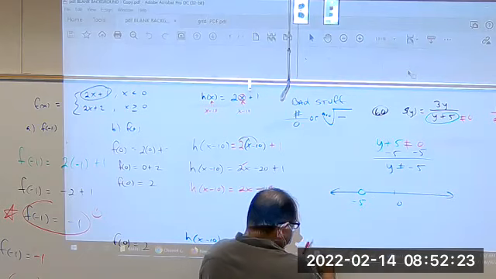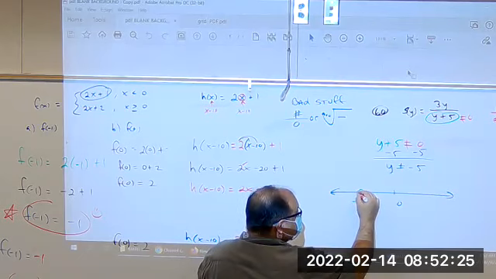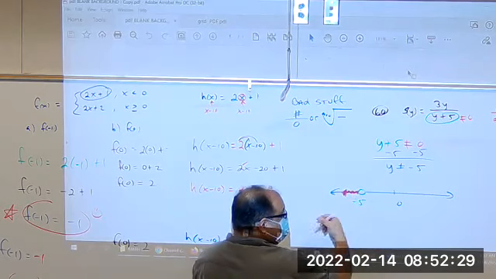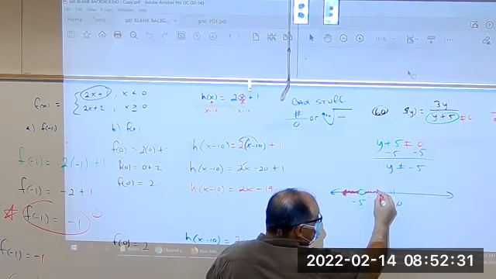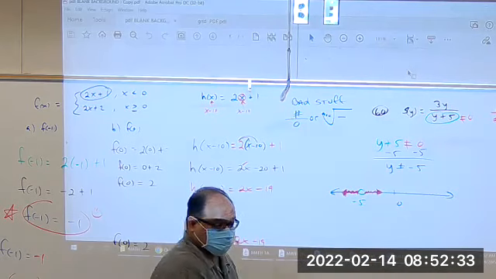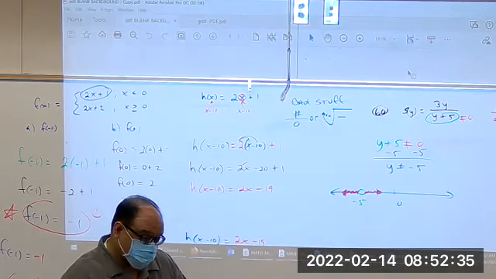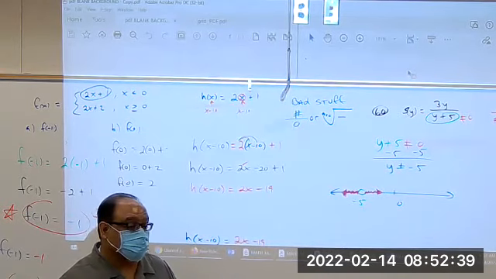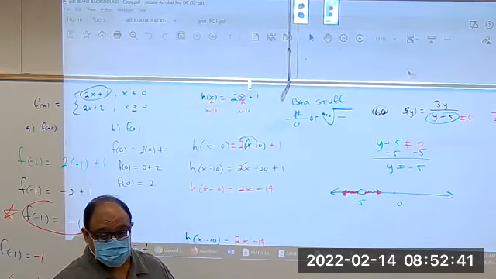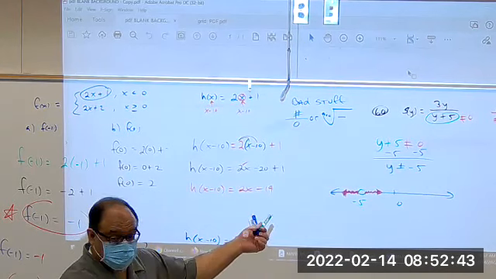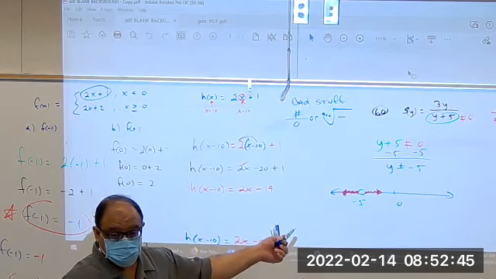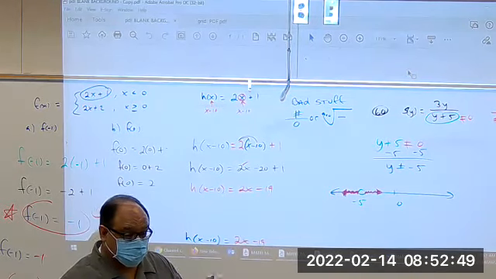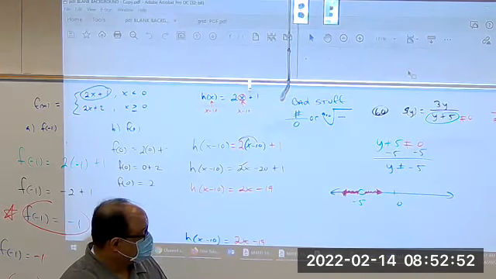But you can use everything to the left and everything to the right. That's the visual, and I give it to you because sometimes it helps you get the interval. You don't have to draw the number line, but if you're having trouble setting up the interval notation, it's not a bad idea.